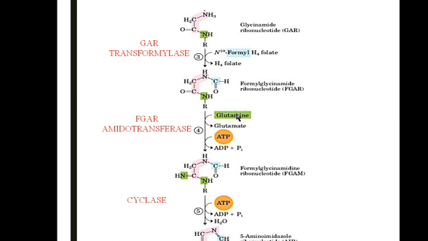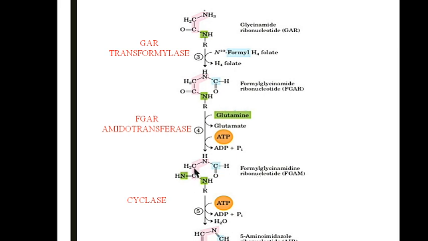It's going to transfer the amino group of glutamine to the compound. Thus, it eliminates glutamate, and it is an ATP requiring step. Now we have another amino group here. Thus we got a compound called formyl glycinamidine ribonucleotide.